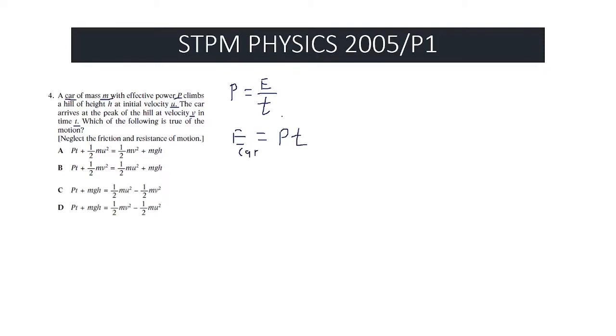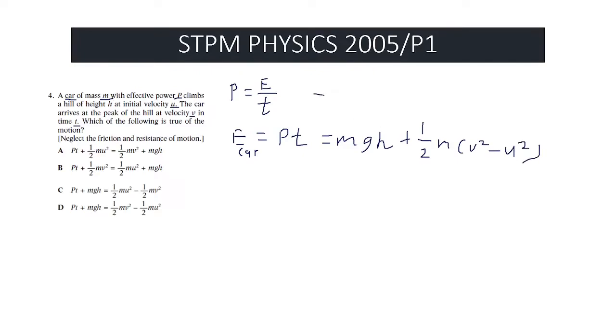This will contribute to two things. One is mgh, the change in gravitational potential energy, and the other is the change in kinetic energy, 1/2 m(v squared minus u squared).